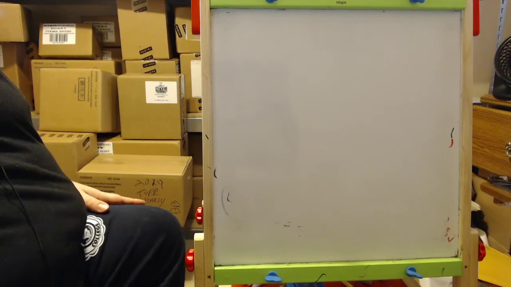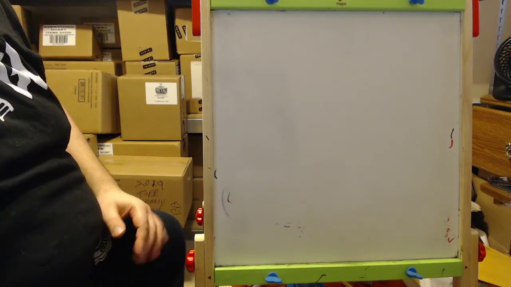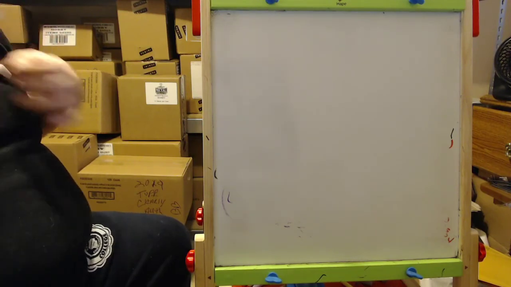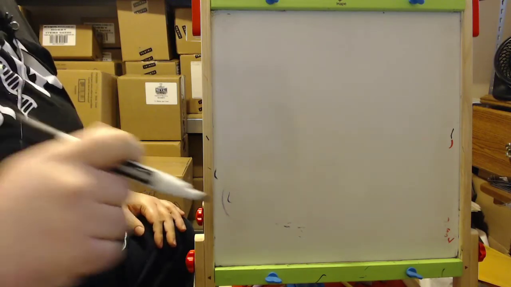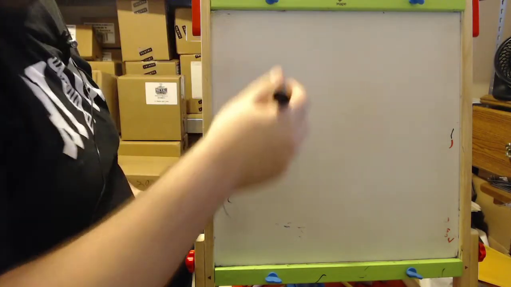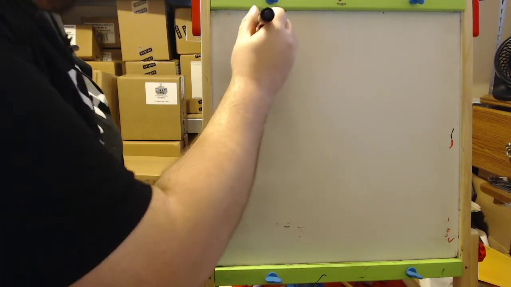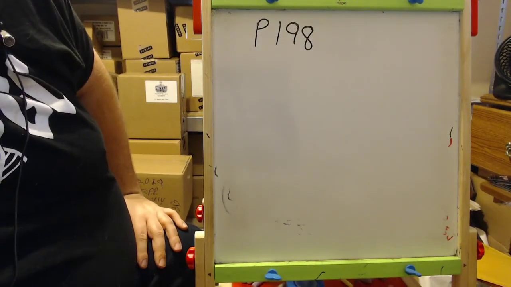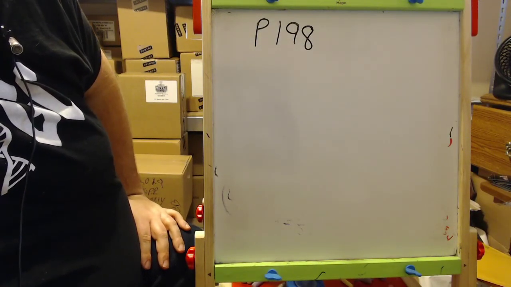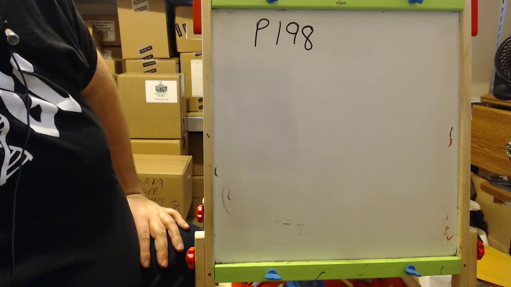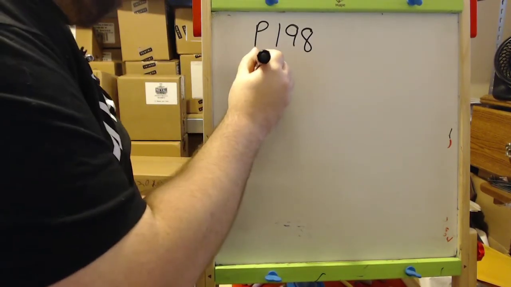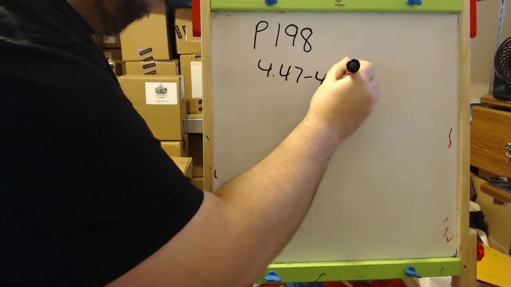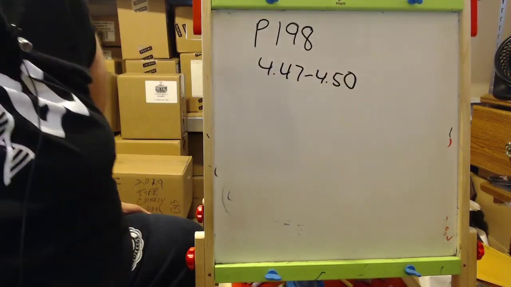So homework on this that covers essentially converting molarity to products and things like that. So we're on page 198. 4.47 to 4.50. Those aren't acid-base. They're just regular problems that do molarity conversions to find product, theoretical yields.